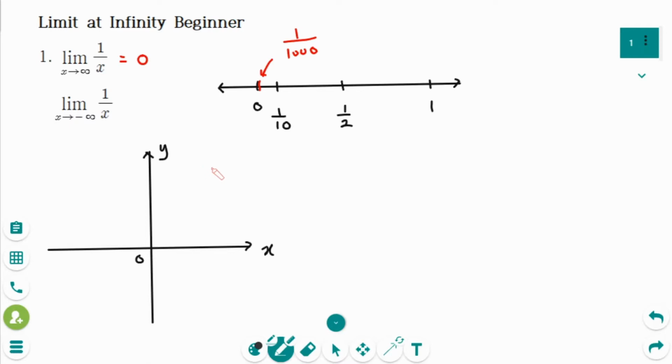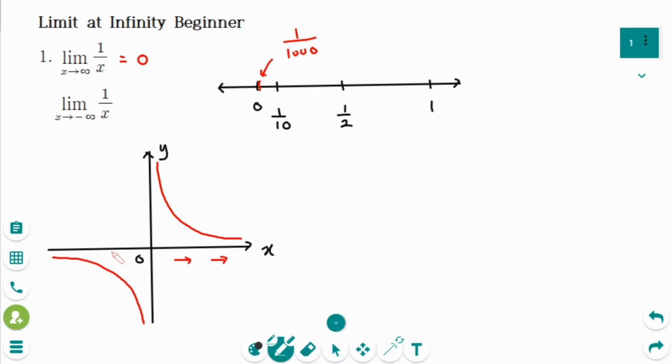This graph shows y equals 1 over x. When x is increasing and increasing, the y value, which is 1 over x, goes to 0. See, same answer.